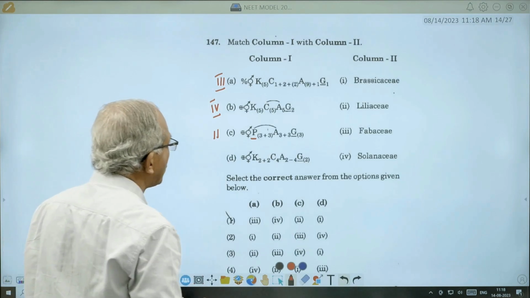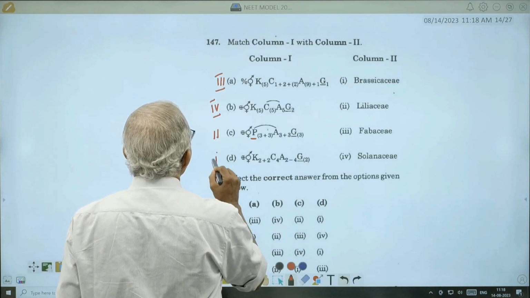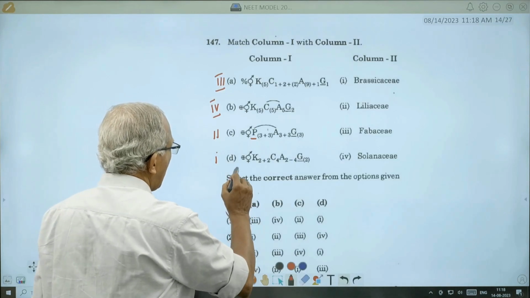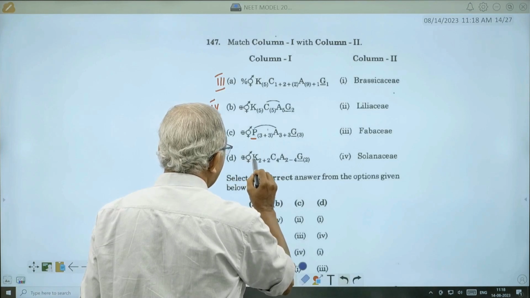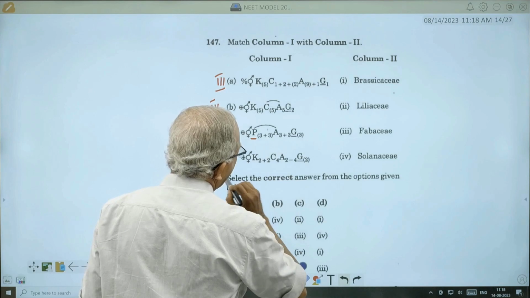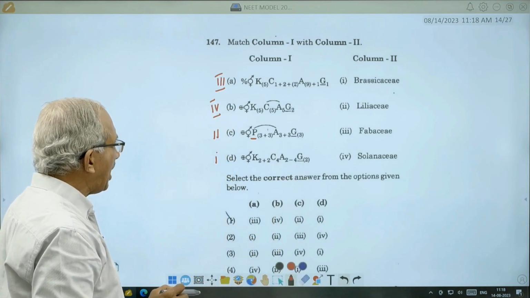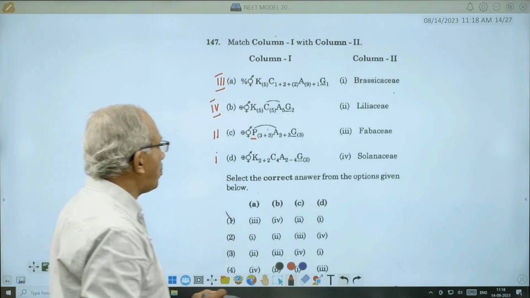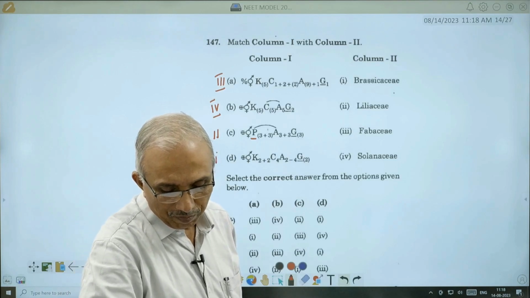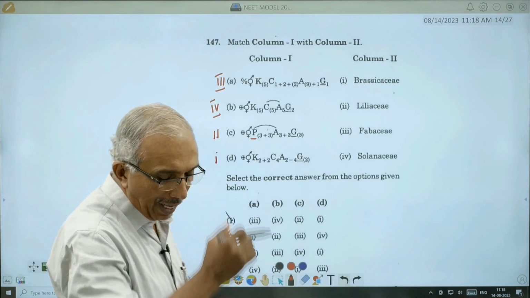D is that of Brassicaceae. Here, actinomorphic, bisexual, K2 plus 2, corolla 4, A2 plus 4, G ovary superior, bicarpellary.